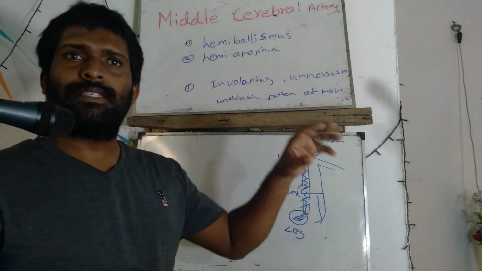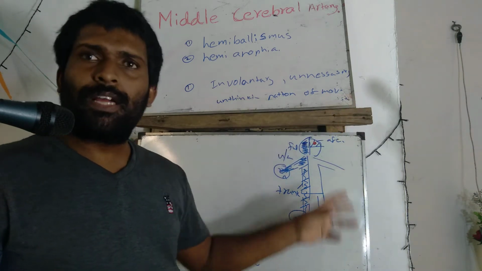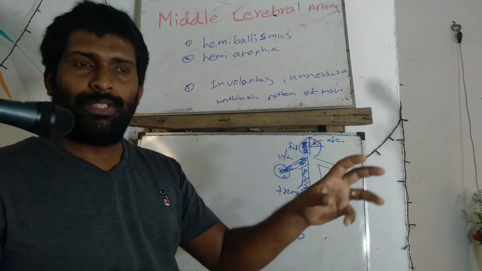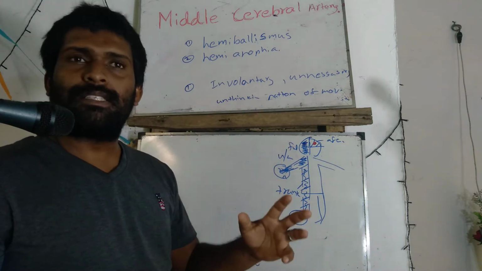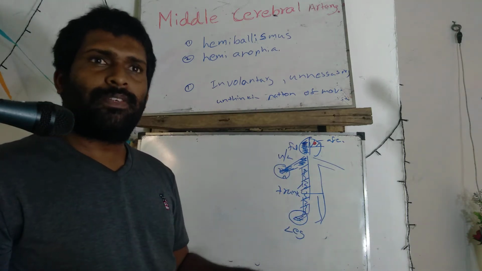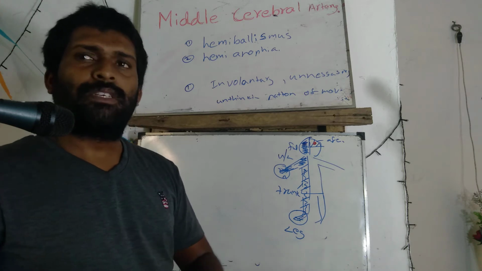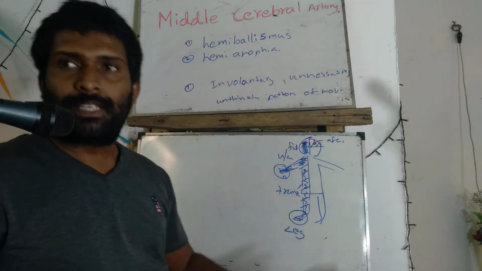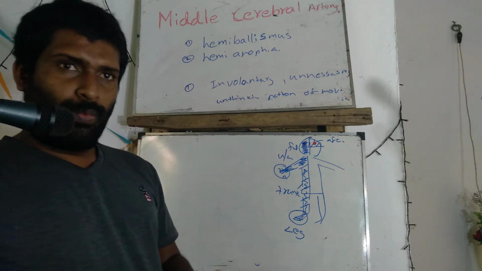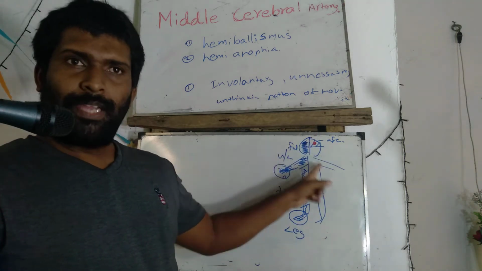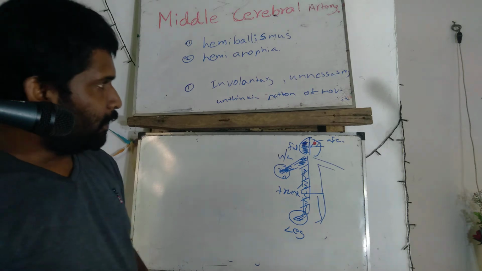The direct connection is good, while the other extra connection is damaged. Due to that damage, unnecessary, involuntary, unclear movements suddenly occur on the affected side. That is the most important point. Now we are going to discuss the affected area inside the brain.